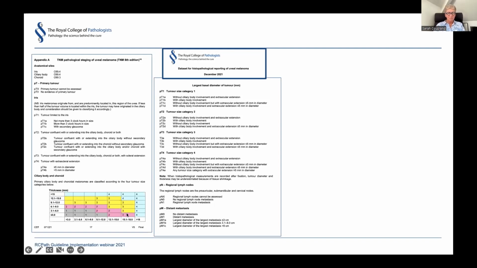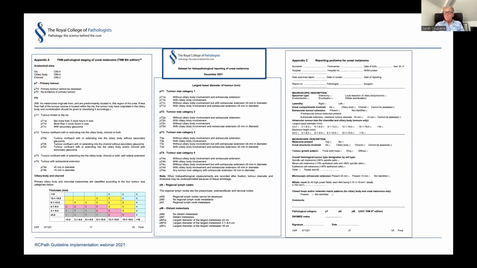This TNM staging system was put together as a result of a collaborative effort by ophthalmologists, ophthalmic oncologists and pathologists in Europe. And through that, there were sufficient numbers to create this matrix, which is still the mainstay for the TNM staging system.